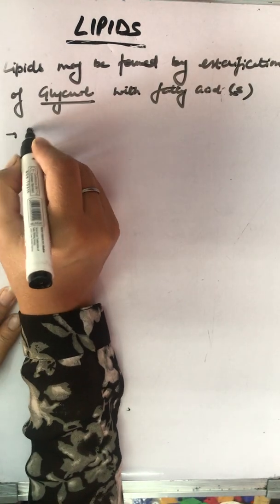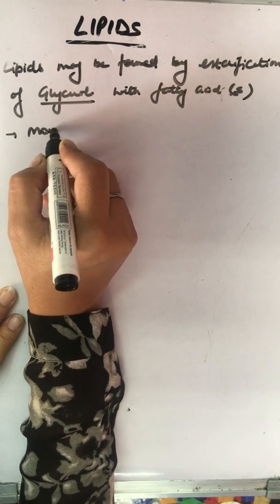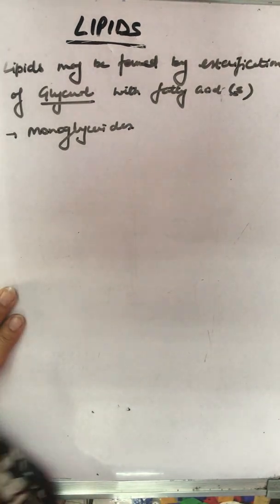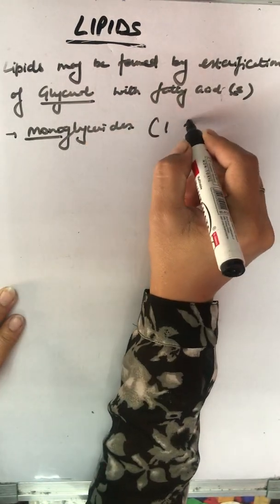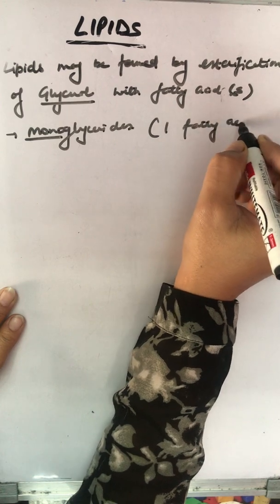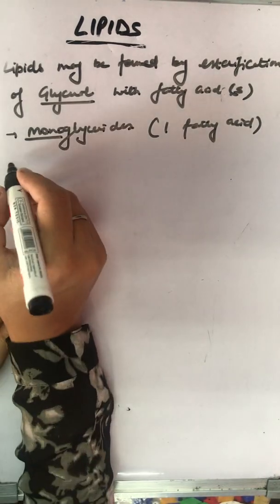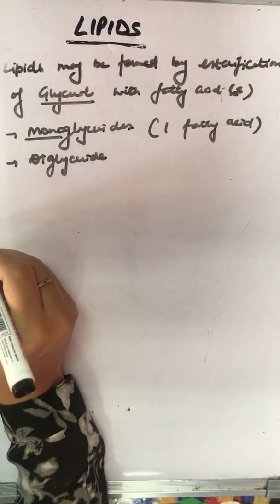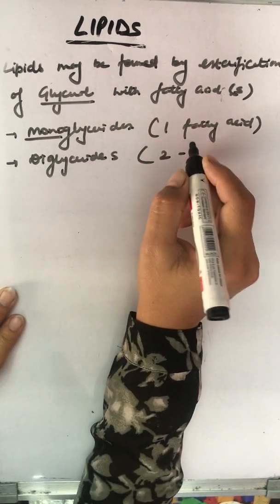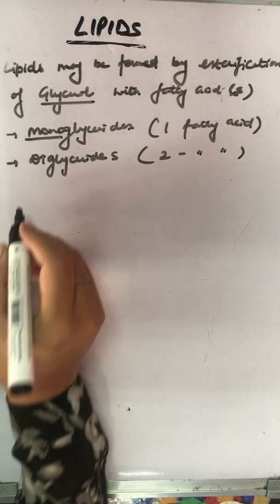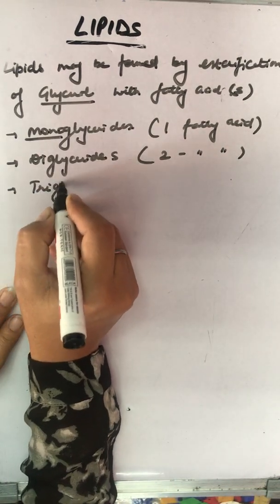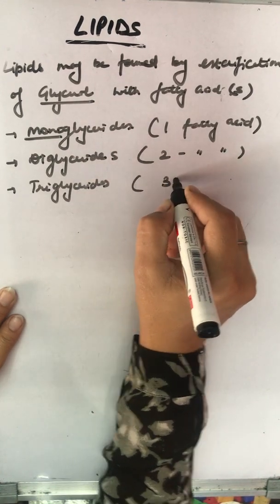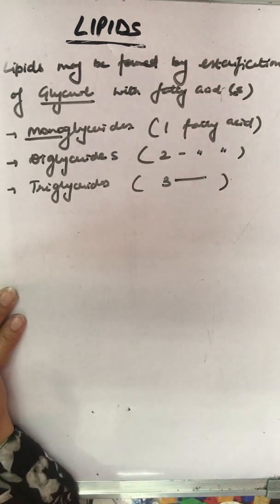So these can be monoglycerides, monoglyceride means with one fatty acid. It can be diglyceride. Diglycerides means two fatty acids. Or it can be triglycerides. Triglycerides means with three fatty acids.